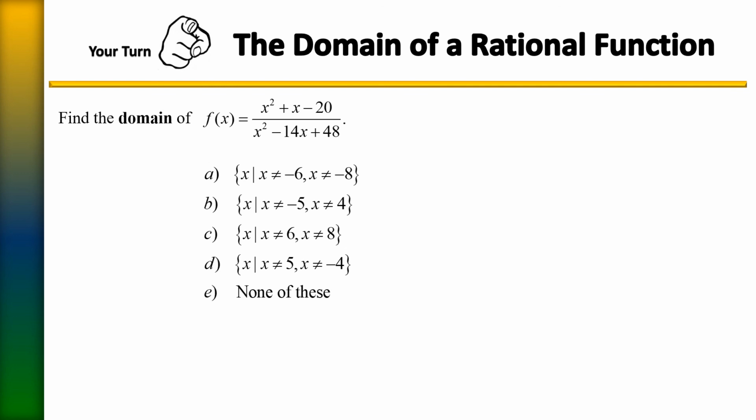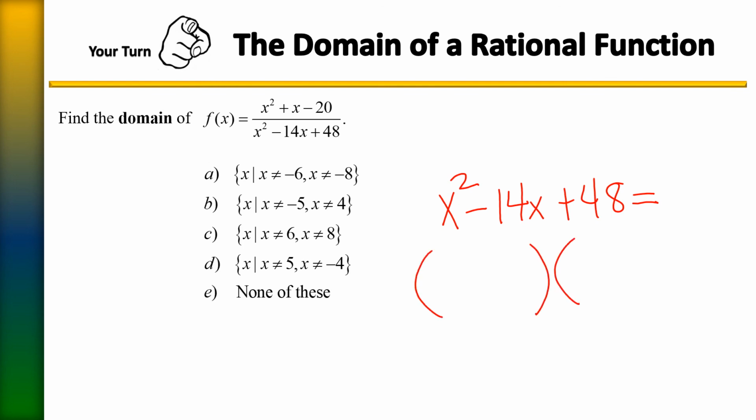All right, let's see. So recall that all we have to do is take the bottom and set it equal to 0 and solve for x. The fact that the back end is a positive means the signs are going to be the same. What kind of signs? The middle term tells us they're going to be 2 negatives.